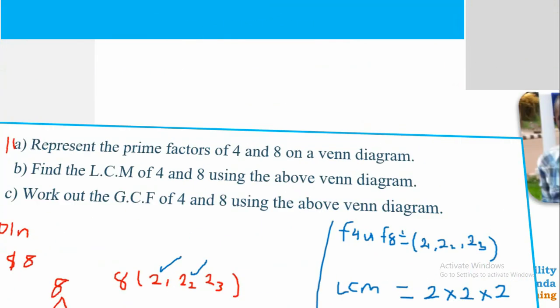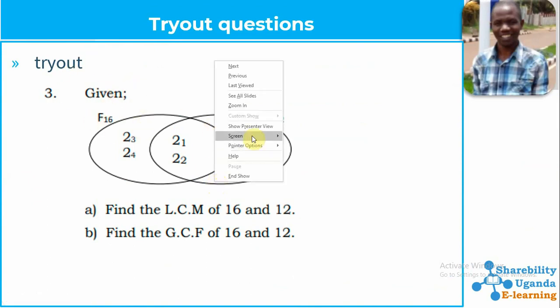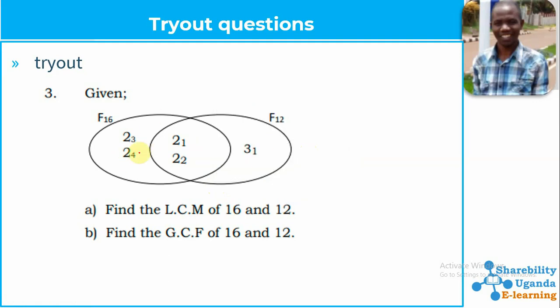In question 3, they have given us a set already presented on the Venn diagram. After presenting it, they tell us to find the lowest common multiple of 16 and 12. Remember, we can see how we represent this and what each part means.